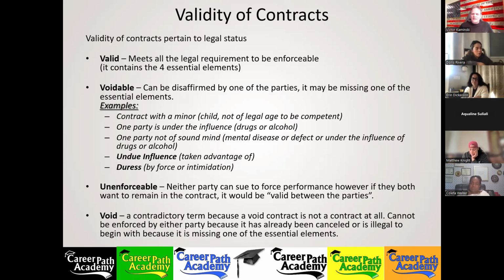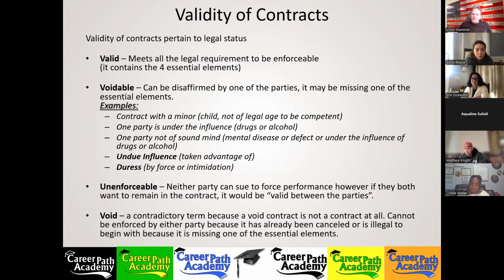Or one party's not of sound mind. They have some sort of mental disease or defect, Alzheimer's, dementia, or insanity, or some other radical element that makes them not of sound mind. Now, I used to put bipolar on here, but I guess it really depends how bad it is, but you get the point.